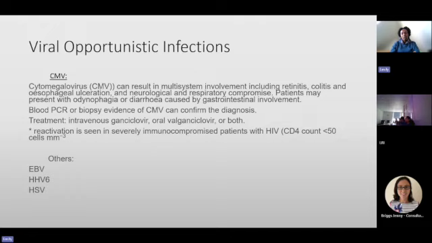The other viruses we have are EBV. With EBV, the usual concern is EBV associated lymphoma, especially in HIV. HHV6, herpes simplex virus, and, if I'm not wrong, HHV8, which is associated with Kaposi sarcoma. And that is mostly it of a summary.